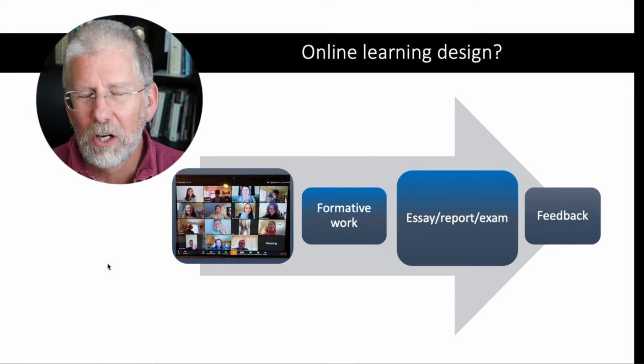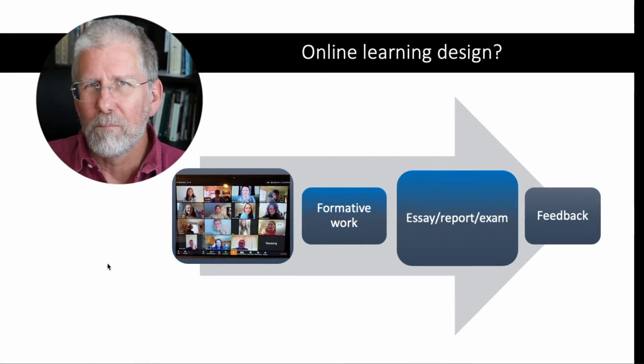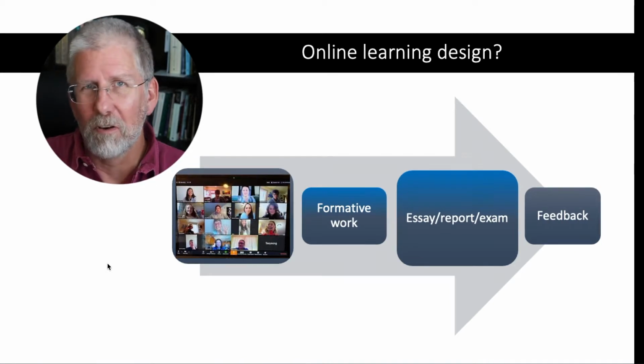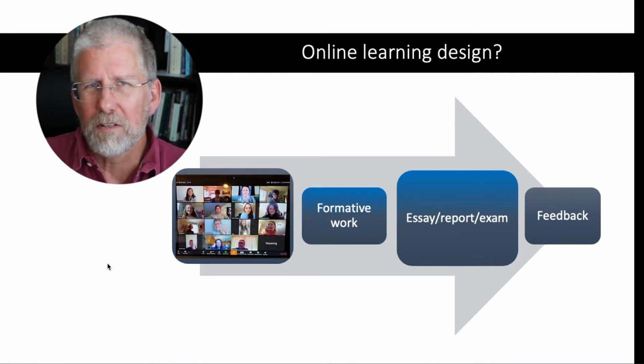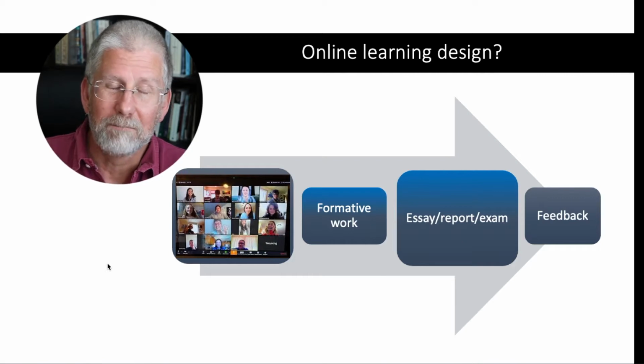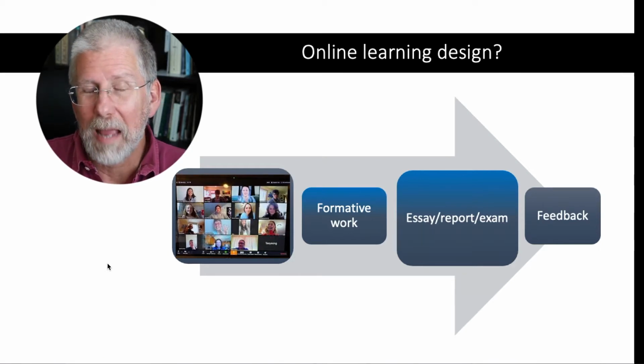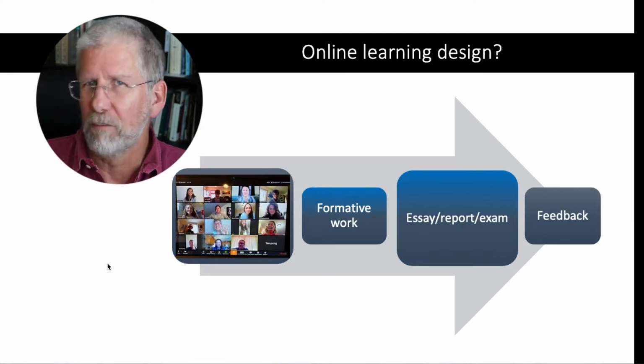And so, as you can see, although the medium has changed and it's no longer in a classroom with a lecturer speaking to students from a lectern and students sitting at desks, you've changed the medium and students are sitting in front of a computer and the teacher is sitting in front of a webcam and talking. So really, not much has changed in terms of learning design.